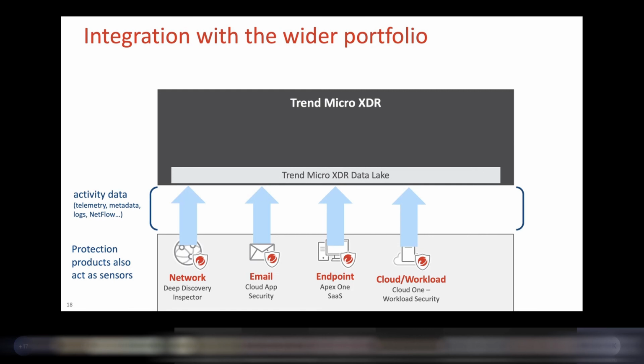So all of these security elements are able to send the telemetry data to the data lake. The telemetry means the activity we mentioned about the endpoint, the emails, the network detections, etc.